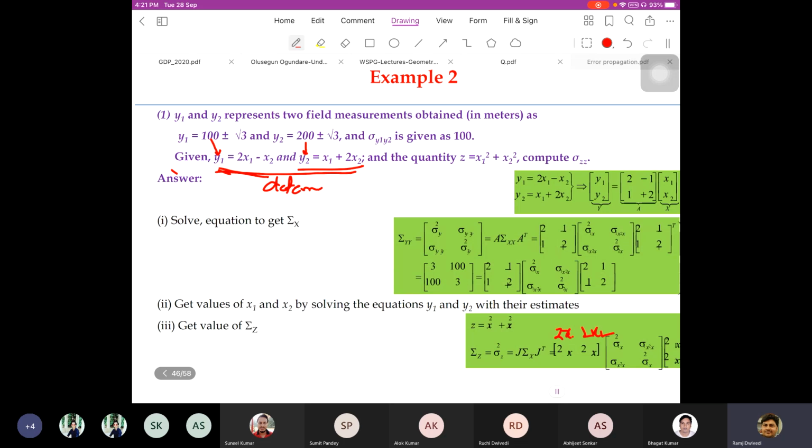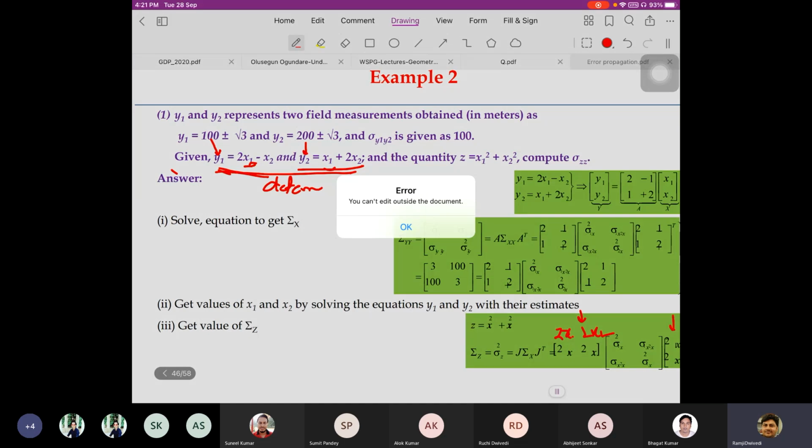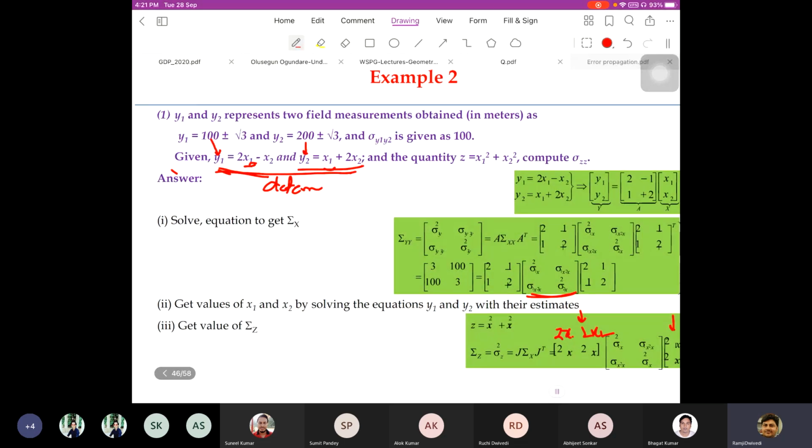You put in the mean values to find the mean values of x1 x2. So you can get x1 x2, and from that you can evaluate z, and from the comparison above from both sides after matrix multiplication, you can easily compute sigma xx, which you can insert here. Now you will get the solution.